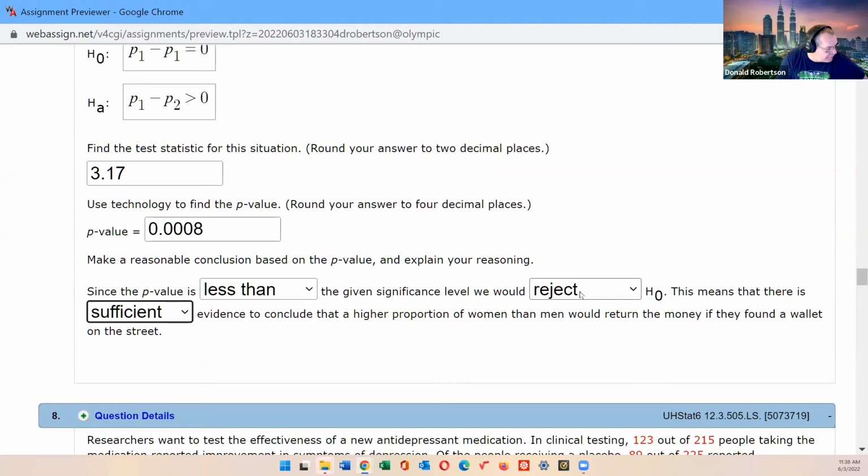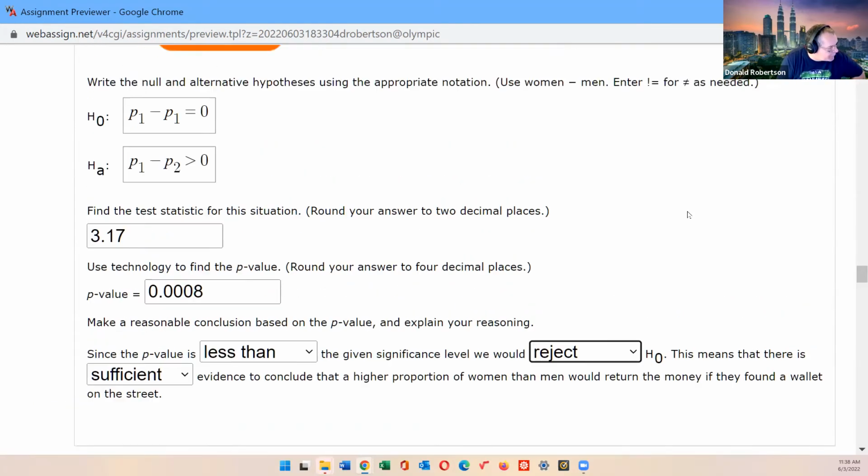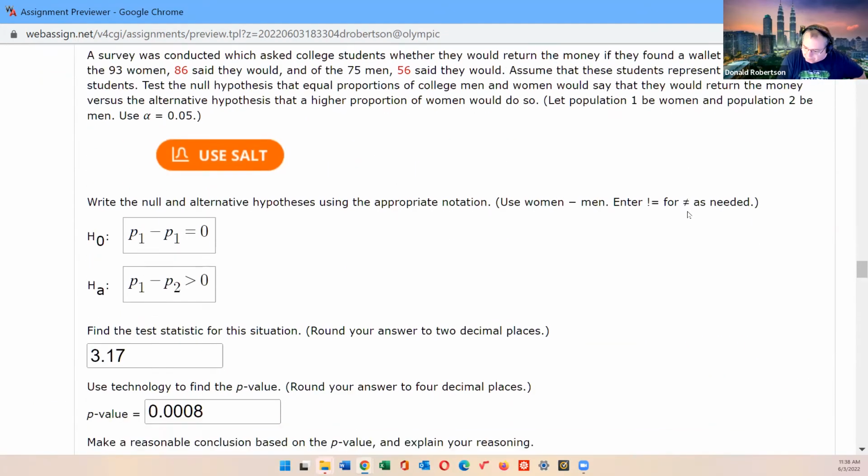Now, you notice that they phrase this in weird ways. They have all sorts of fail to reject H naught, reject H naught. In this case, reject H naught means good news. H naught's thrown away, we're picking the other guy, right? We're rejecting him, we're picking the other guy. We cool with that one?